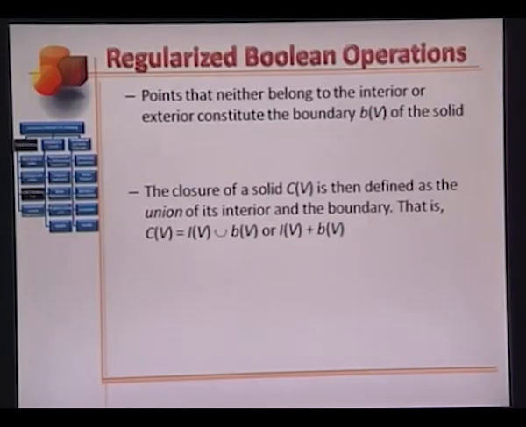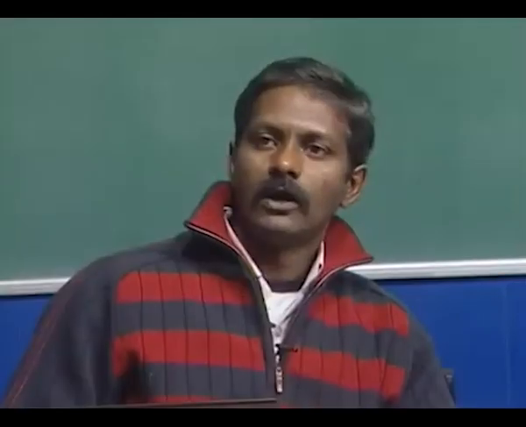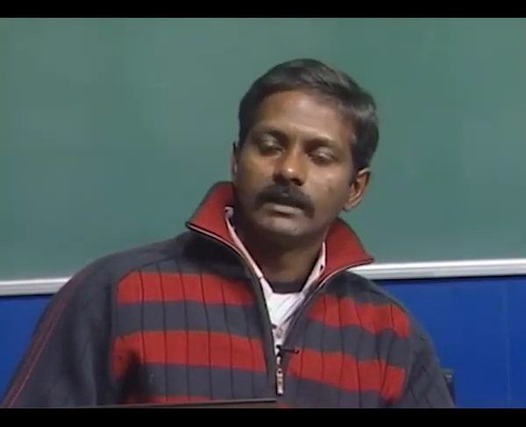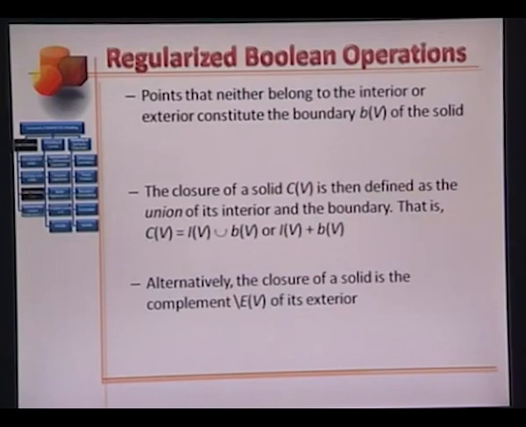Note that in general, union and addition operations might give us different results, but in our case, the sets I(V) and B(V) are disjoint. They would not have any element common between them, for which reason the union of the interior of the solid and the boundary of the solid, or the addition of the interior and the boundary of the solid, would give the same result. Alternatively, the closure of a solid is the complement of its exterior.